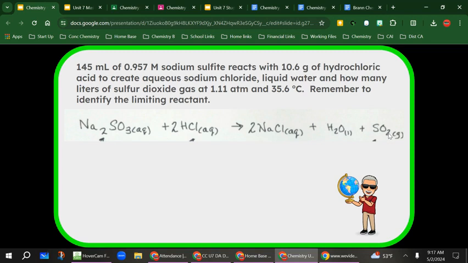A 2 goes here to balance off the 2 hydrogens on this side, and a 2 goes here to balance off the 2 chlorines and 2 sodiums on this side. Everything else is balanced. This is one, though, where that little trick that I've been showing you lately about leaving the SO3 together, you could not do that here because it doesn't appear the exact same on the other side. So you would have to break the sulfur and the oxygen up.